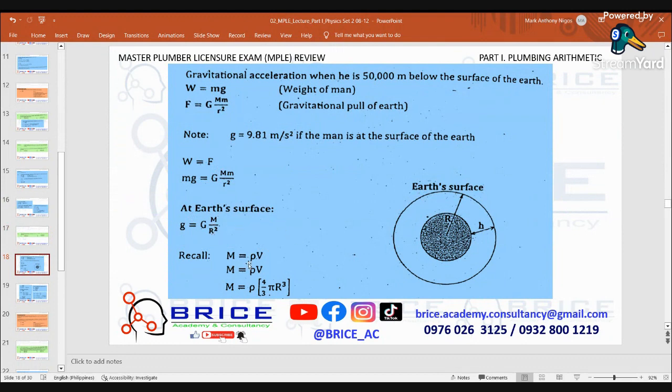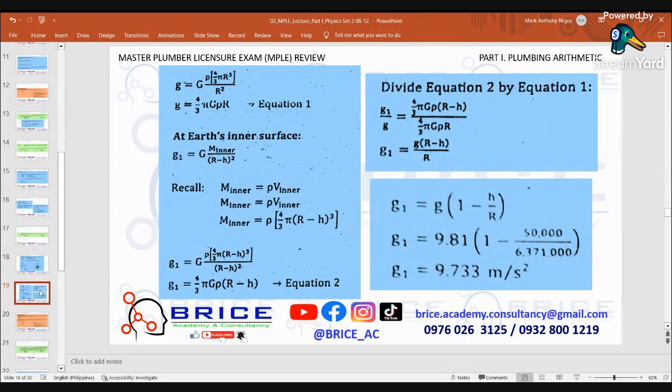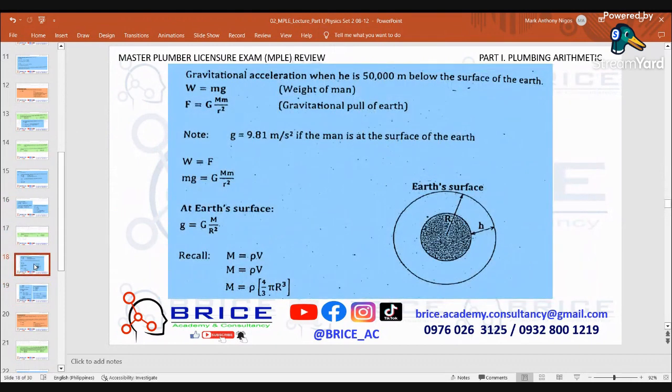Recall, mass is equal to density times volume. The volume is equal to 4/3 pi r cubed. Sorry, r cubed.